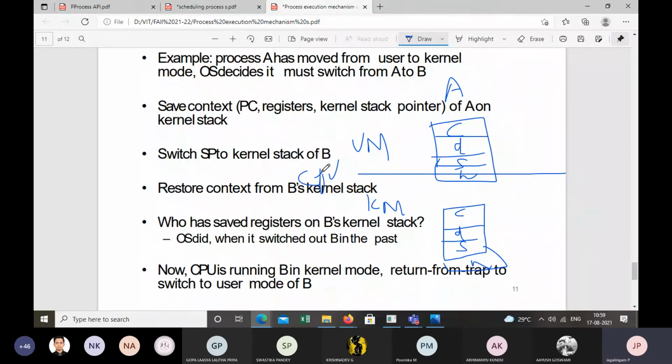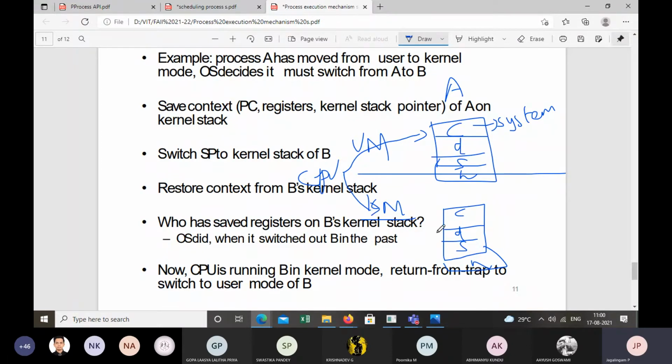Now, when the CPU executes instructions in the user mode, in some part of the code the user may invoke a system call. To execute this system call, the code is available only in the kernel mode. Therefore, the CPU moves to the kernel mode.